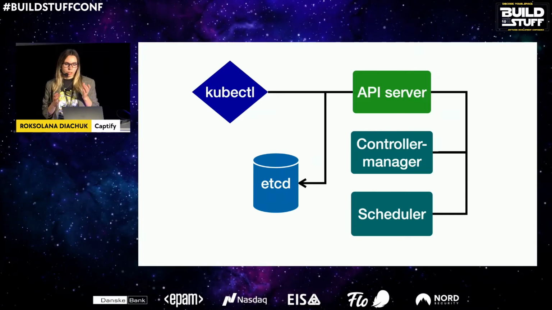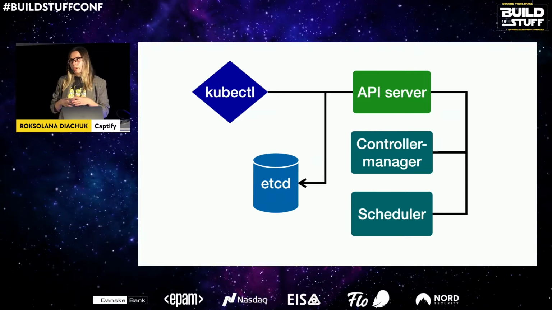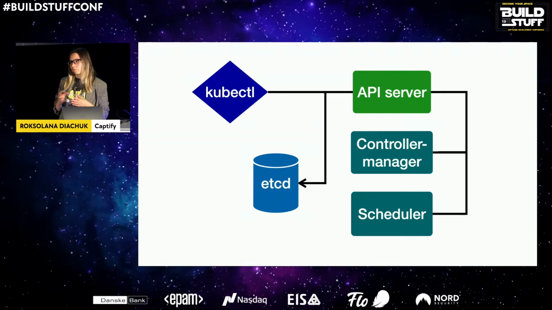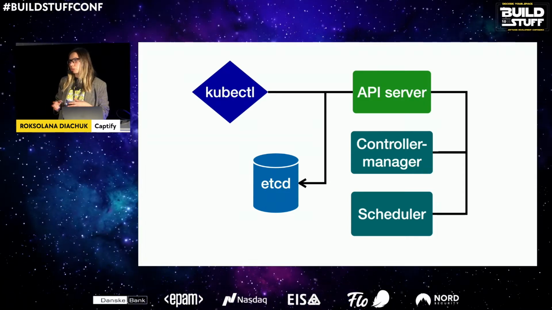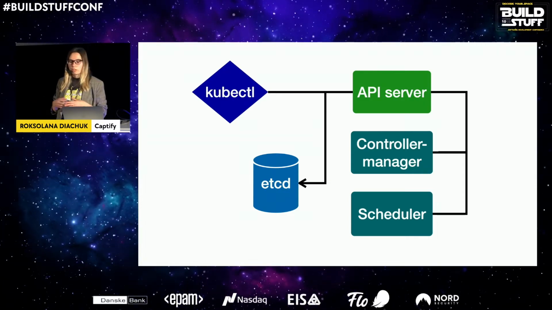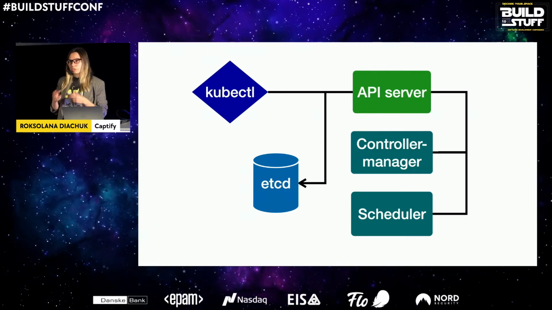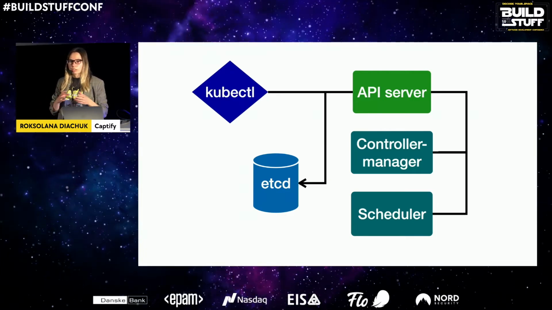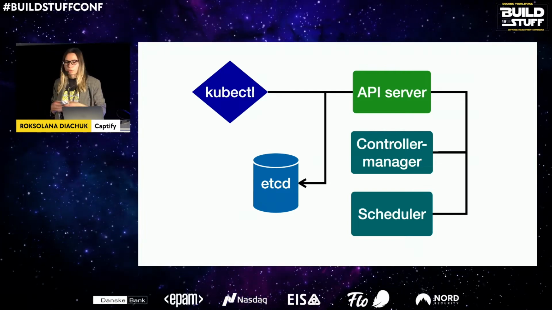For example, we want to create something and we don't have any pods at all. So our actual state is that we don't have pods. The desired one would be to create, for example, 2 pods. And in such a way, controller manager figures out that we actually need to create something because our desired state doesn't coincide with the real one.